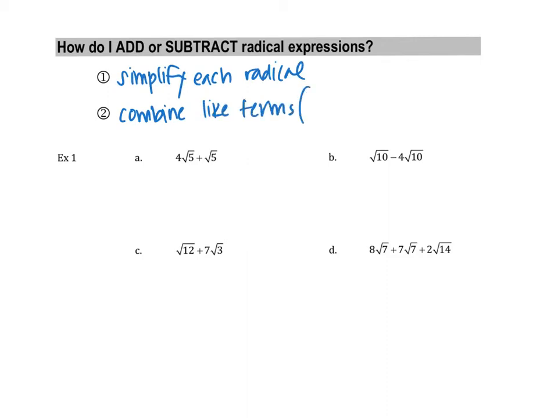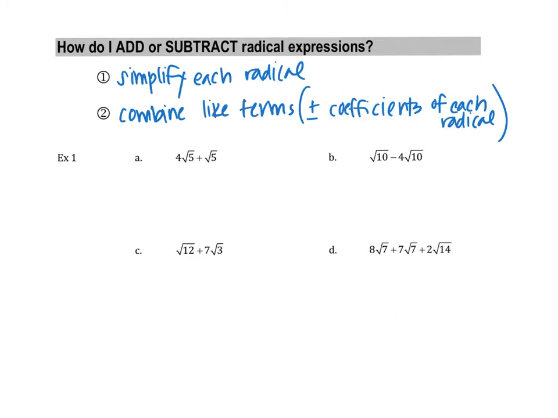And what that means is we're going to add or subtract the coefficients of each radical. Okay, so the big idea is we can only sum terms with a common radical because they're like terms.